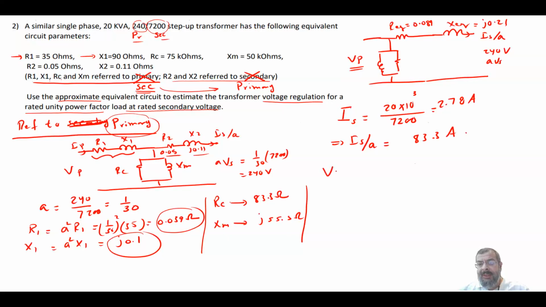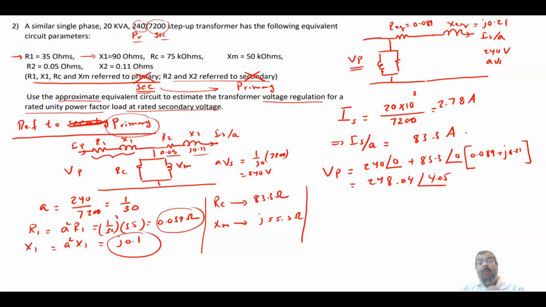Now find VP. VP is basically just a simple KVL: 240 angle 0 plus 83.3 angle 0 times the impedance, which is 0.089 plus j0.21. This will give me a total voltage equal to 248.04 angle 4.05.